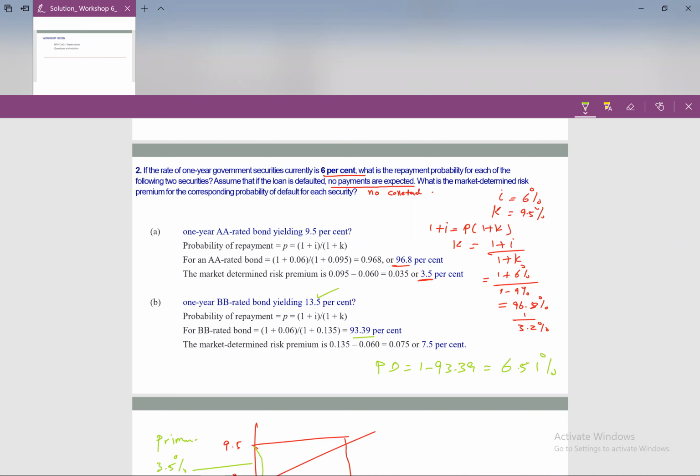Now the probability of defaulting, if it is 6.51%, we are taking a 7.5% profit.